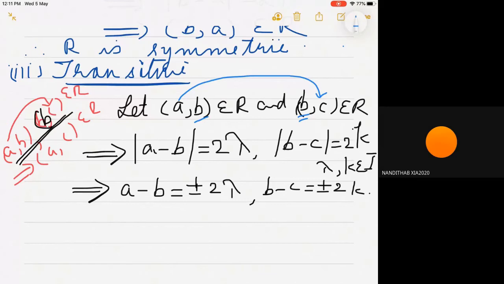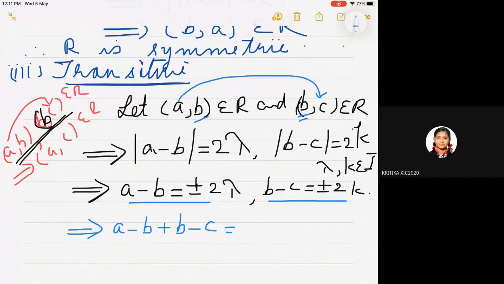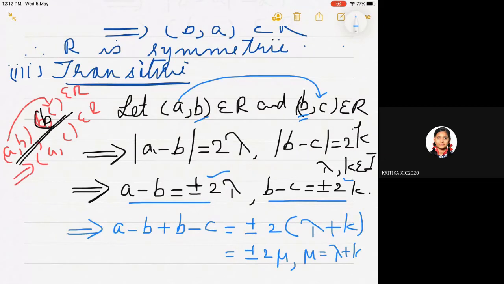So what is the step for eliminating B from these two equations? Two equations we got. We can add the two equations. When you add, taking out plus or minus 2, you will get λ plus K, and this is equal to plus or minus 2μ, where μ equal to λ plus K is another integer, because λ is an integer and K is an integer.